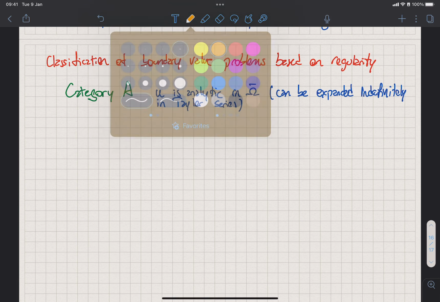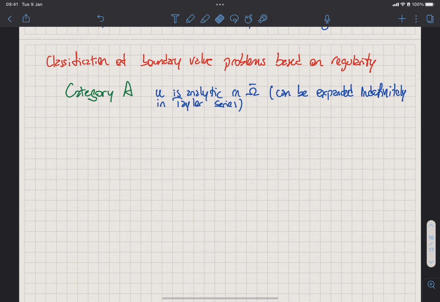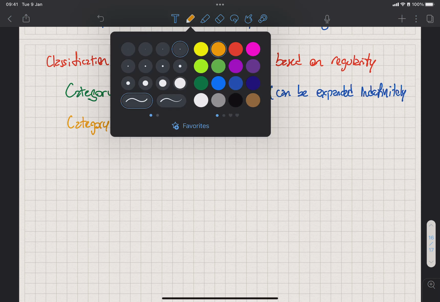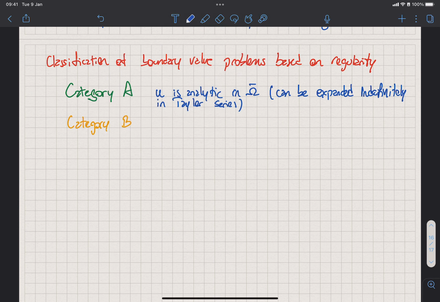We're going to have another category, you may guess it is category B, where the solution is analytic almost everywhere, except at some regions, and those regions have to be very small.